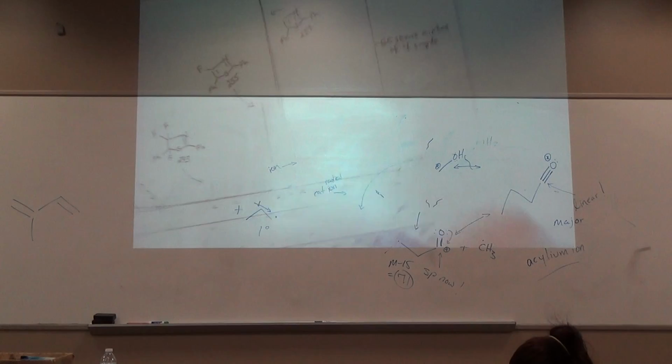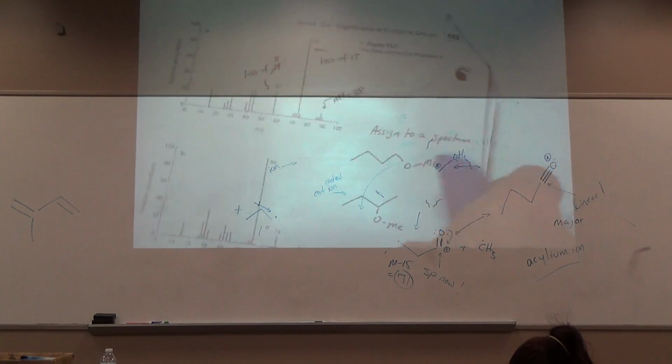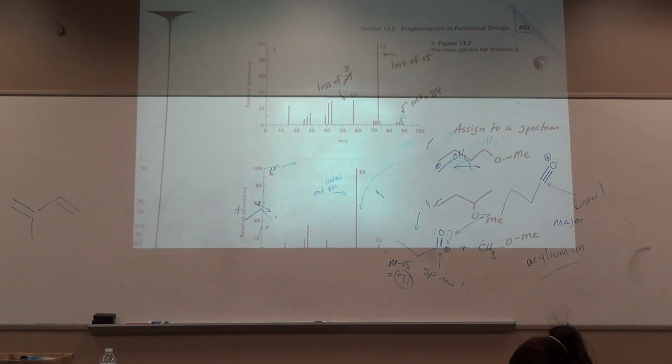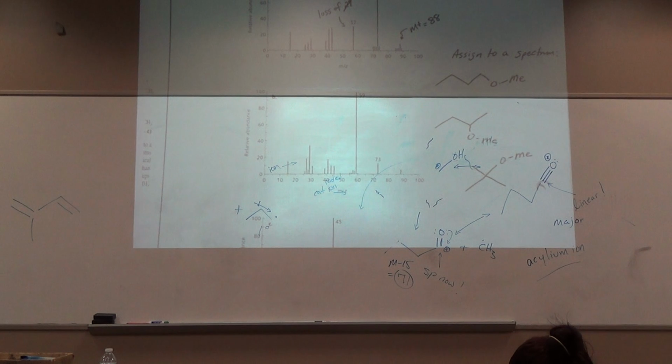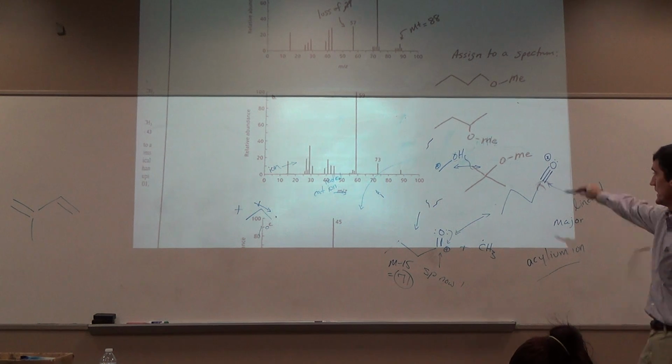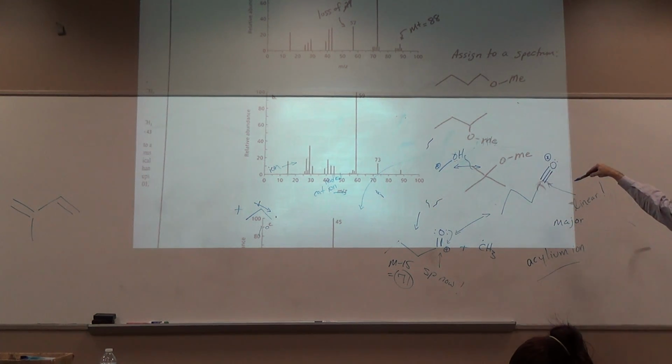Let's look at this page here. Here are three mass specs. Here are three compounds. I know some of you have already been working on this. I'm not going to go over it today, but on Thursday we'll go over this and see how you did.